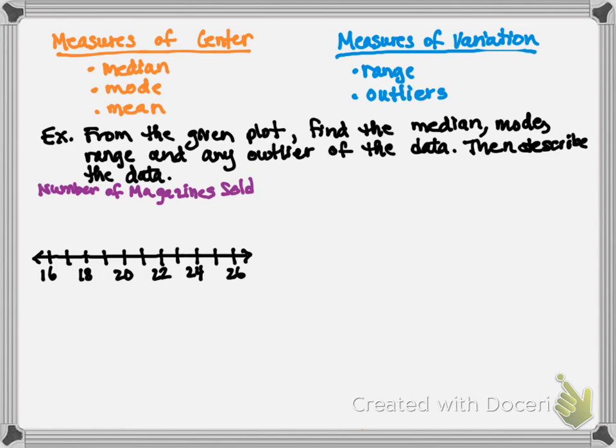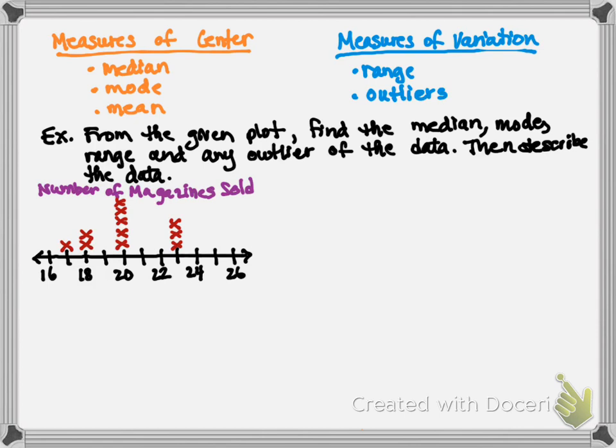Okay, and then we're going to go ahead and plot our data. We're going to have 1 at 17. We're going to have 2 at 18. We're going to have 5 at 20. We're going to have 3 at 23.